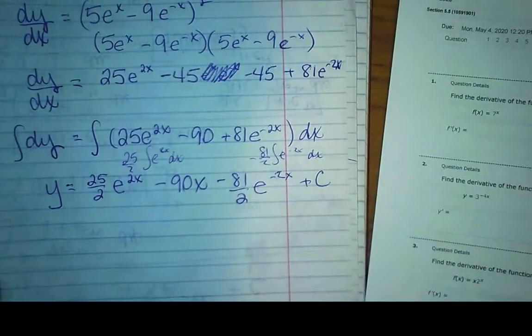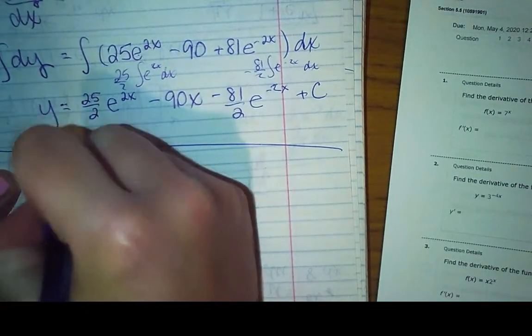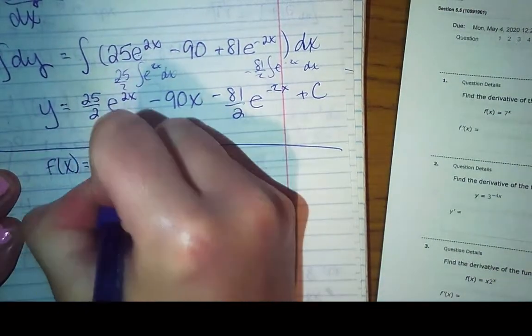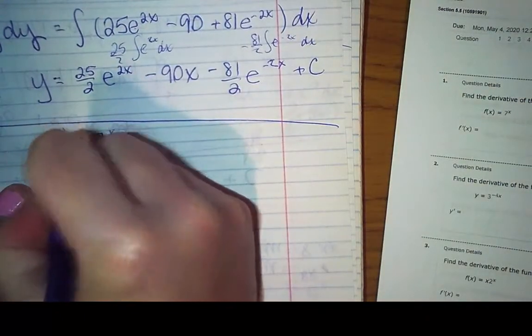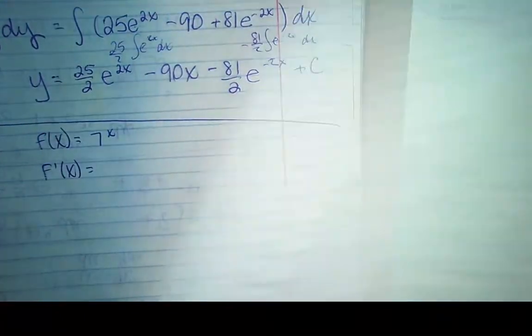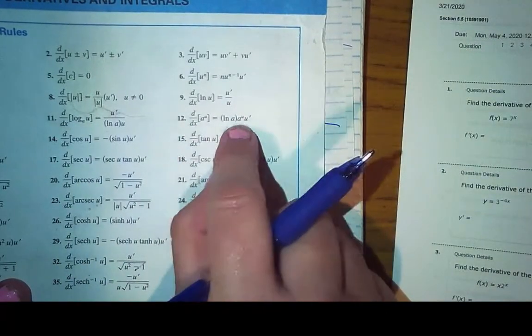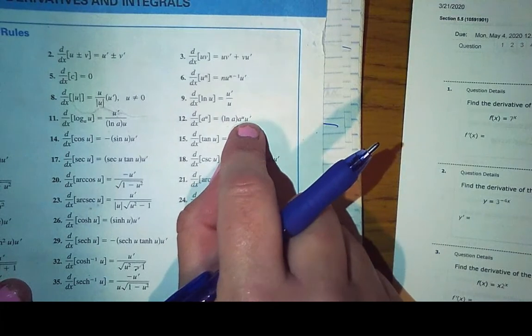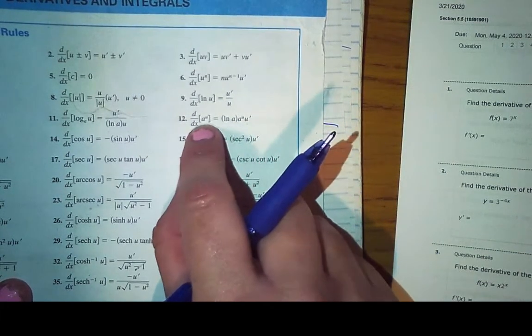All right, so that being said, what is going on? Ignore all this mess right here. I've got f of x equals 7 raised to the x power, and I'm supposed to take a derivative. So what did we learn? We learned if I have a base other than e, then I'm going to write what's sitting there times the derivative of the exponent times the natural log of the base I'm using.